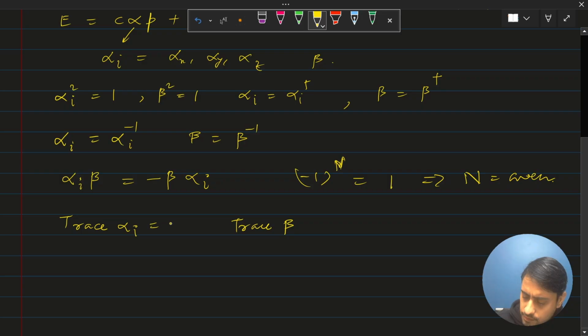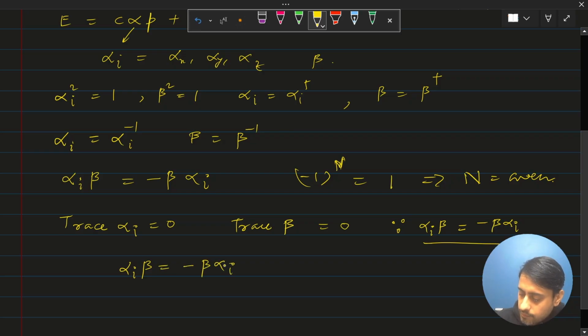These two will be 0 because of the fact that alpha i beta is equal to minus beta alpha i. You can check this by starting from here. So alpha i beta is equal to minus beta alpha i.